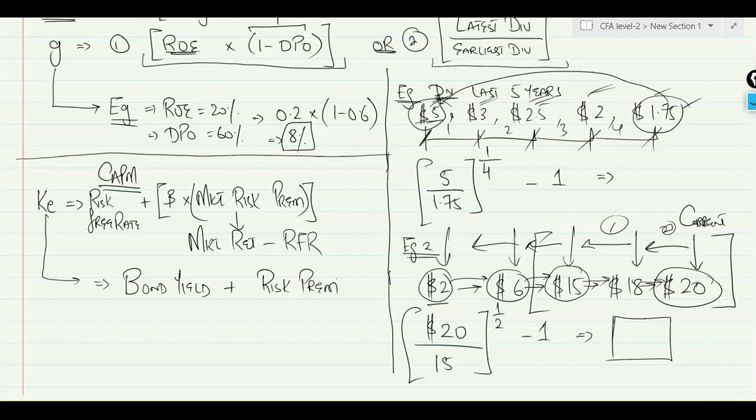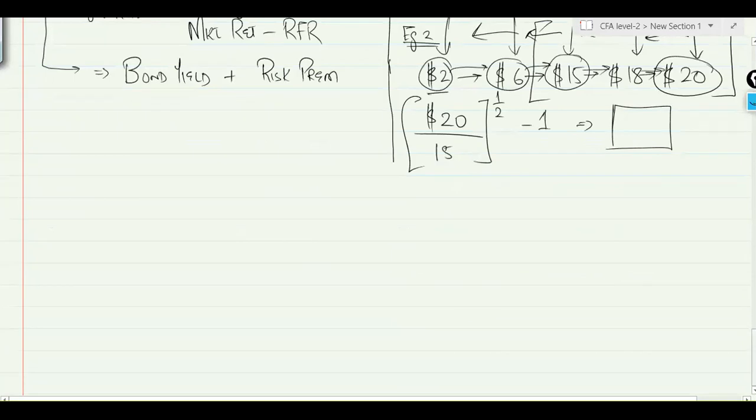As we'll go through the questions, these workings will start to make more sense. Once you've got these variables, then it's very easy to compute the value of equity. So let's do one basic example and then we'll move towards good questions.